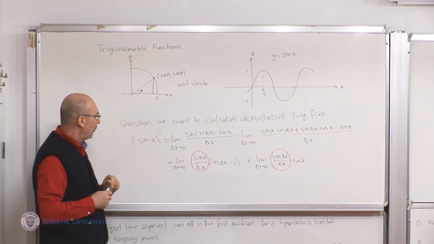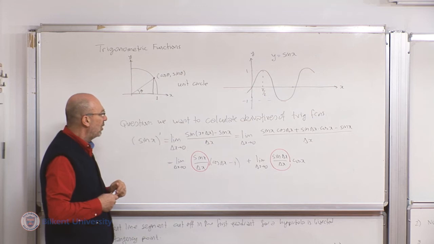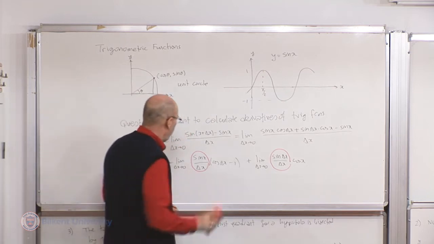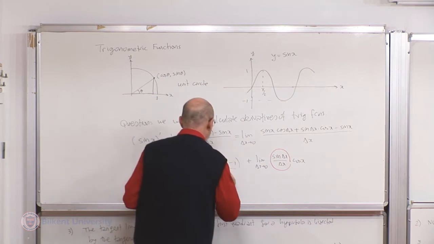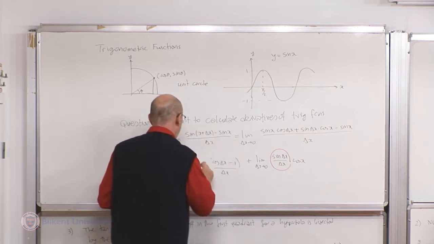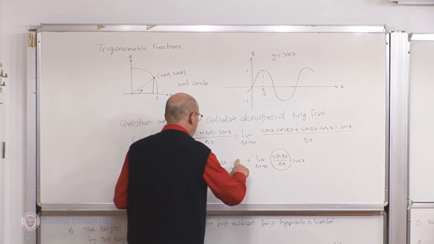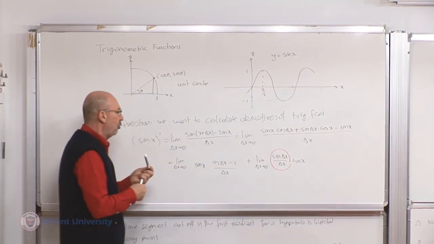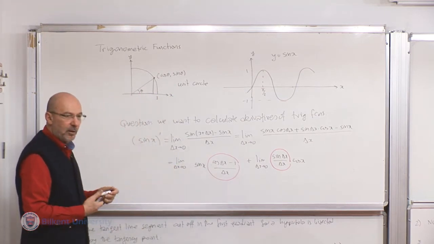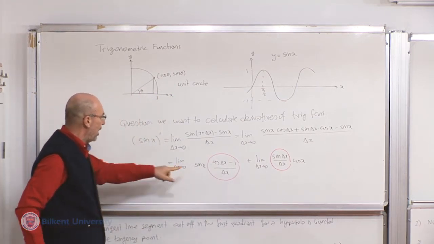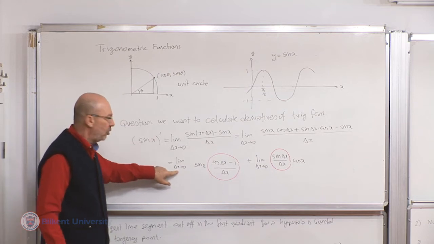So I have this thing here. This is delta x, this is sine delta x. Now I have to understand these two limits, because sine x is constant as delta x goes to 0.